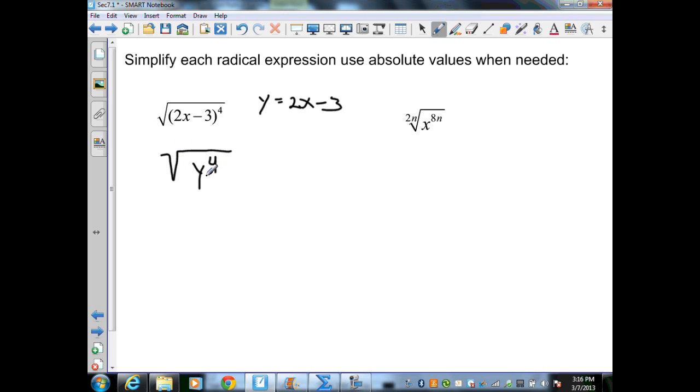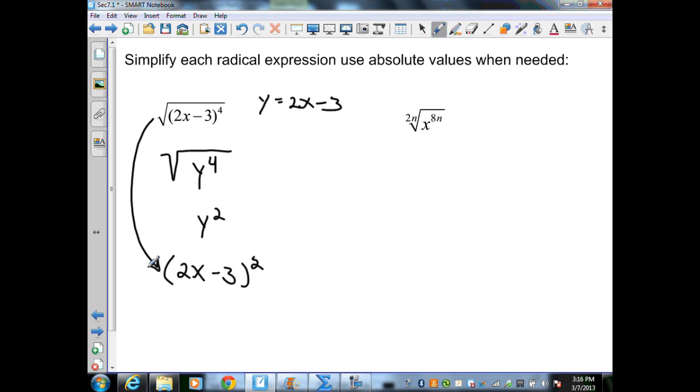And when I take the square root of y to the 4th, I know that that's going to be y squared, or 4 divided by 2, which gives me 2. Now I can substitute back in, which would give me the real solution, which is 2x minus 3, and that quantity would be squared.